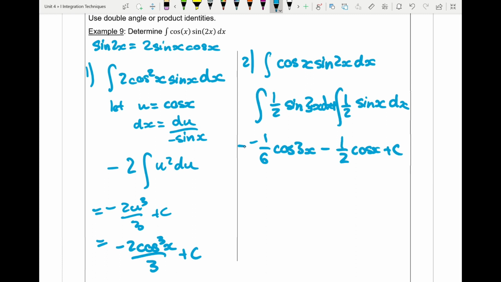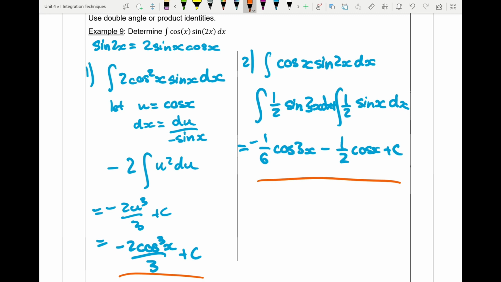And you're probably thinking, hang on, that doesn't look like that. And you would be right, it doesn't look like that, but pop it into your graphics calculator or into Wolfram Alpha or any sort of graphing program, and you'll see that those two functions are identical. So there's actually an identity that you can use to make them look the same.